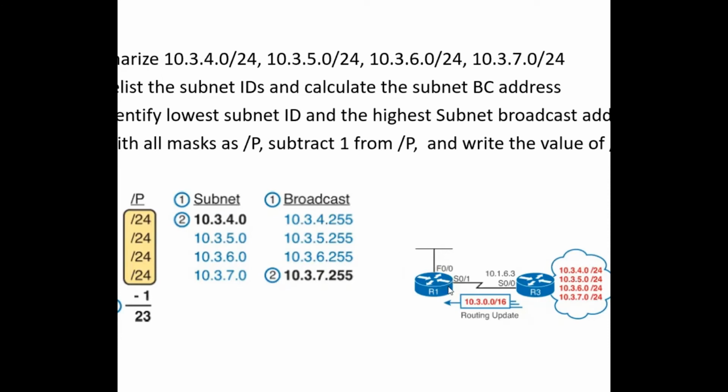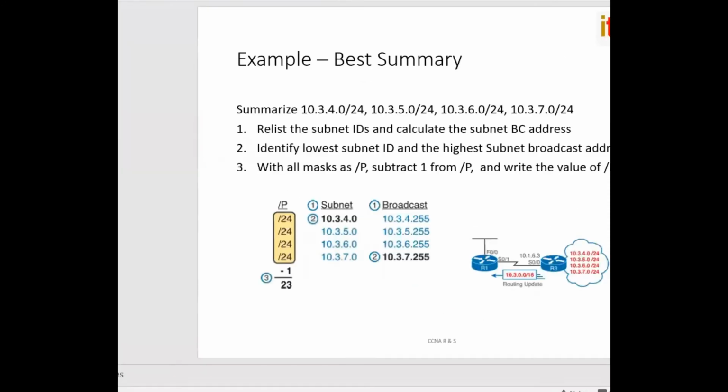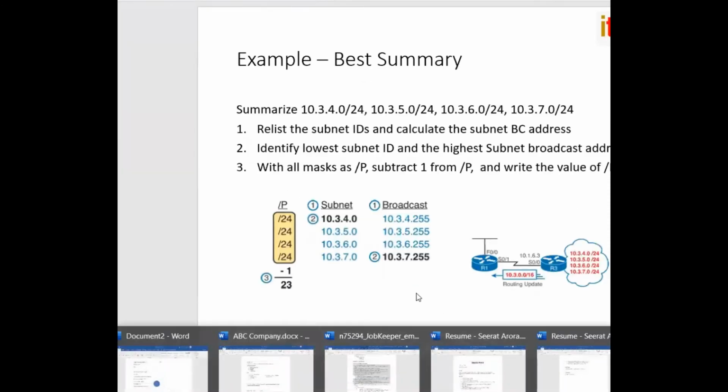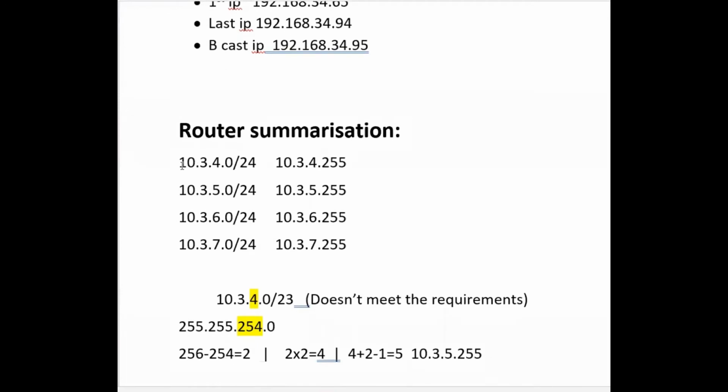So let's have a look at this example. Route summarization is only possible if you have a proper subnet design. Here we can see 10.3.4.0 is one subnet, 5.0 another, 6.0 another, 7.0 another.